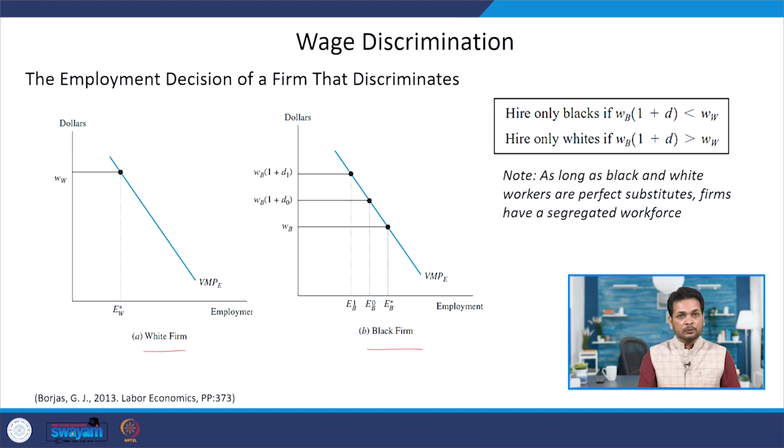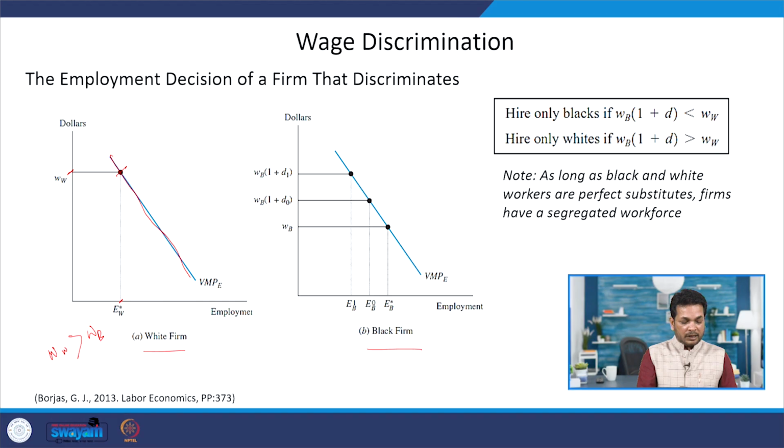The white firm, which discriminates against workers, being a completely white-dominated firm, is going to hire E star W workers at the wage rate WW, where WW is greater than WB, and the decision to hire is completely guided by the value of marginal product of labor.